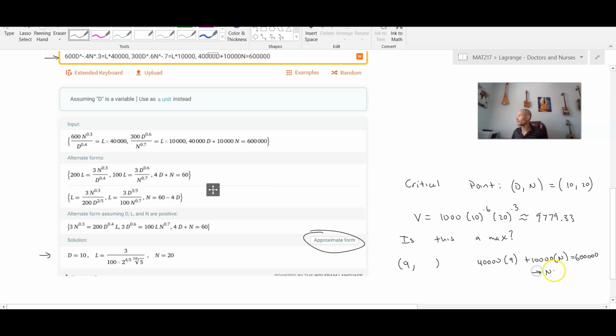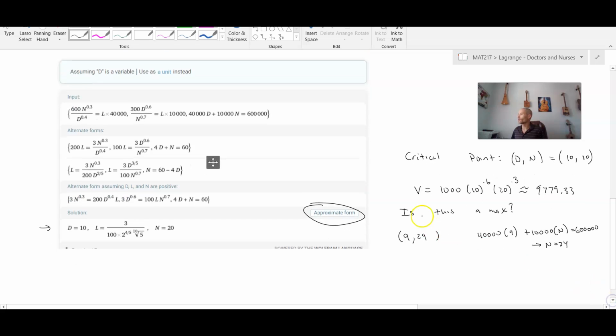And that will give me n equals 24 nurses. So notice that if we remove a doctor, we can hire 4 additional nurses. Each doctor costs 40,000 per quarter, each nurse costs 10,000 per quarter. So 1 doctor getting paid is equivalent to 4 nurses getting paid.